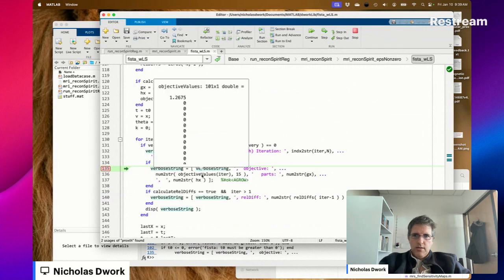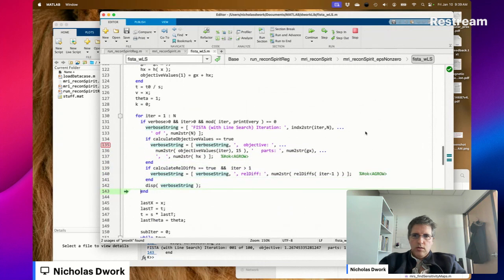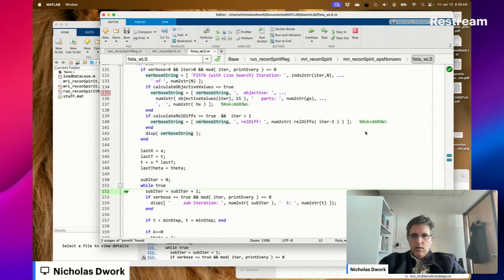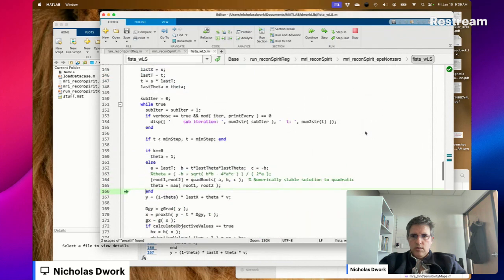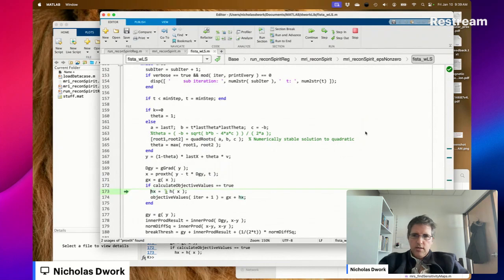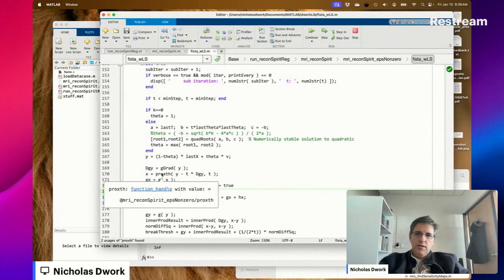Objective values. Well, I started out small. Calculate objective values. So what is h of x? Is that infinity? How can it be if we just project it?